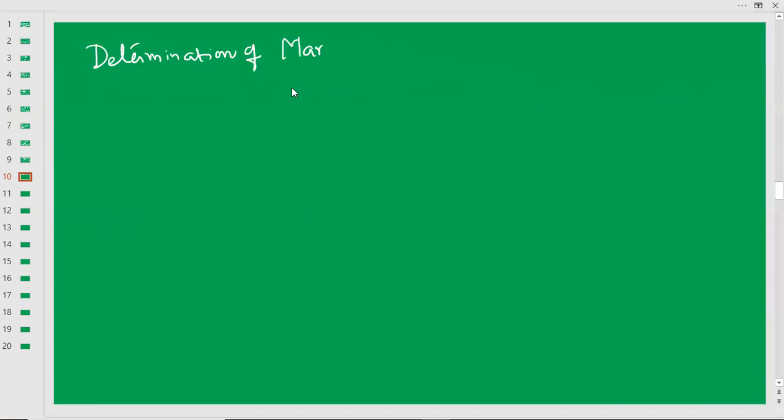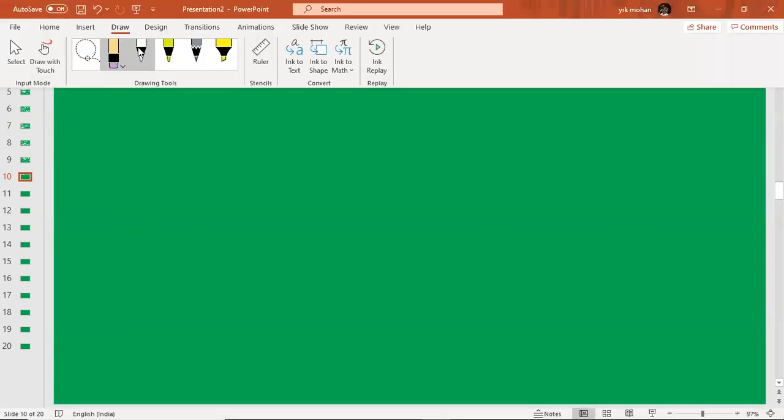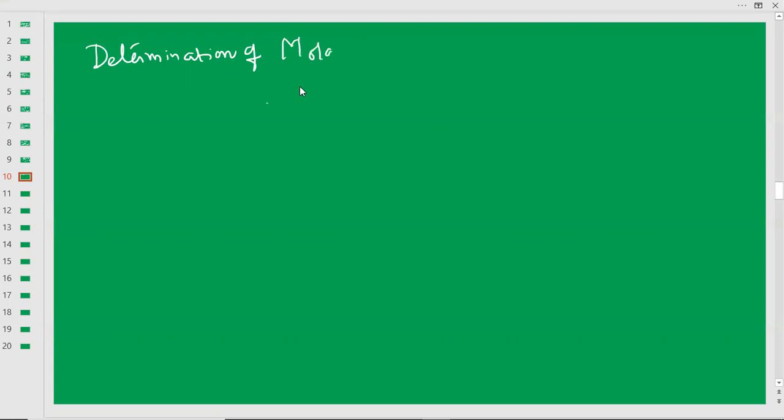Let us discuss the determination of molar mass of solute, that we are calling non-volatile solute also. So if the solute is not known to us also, we can find the molar mass of it using Raoult's law.